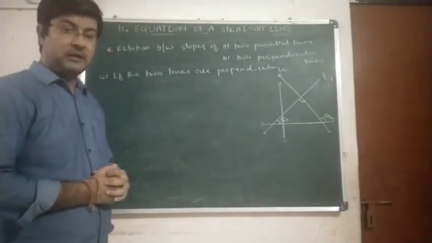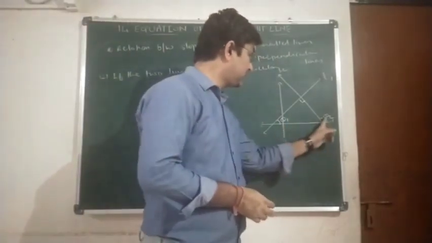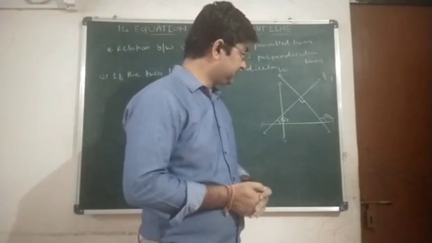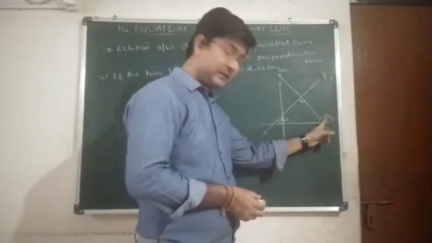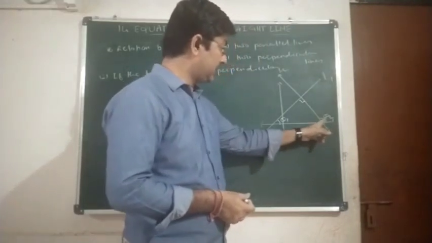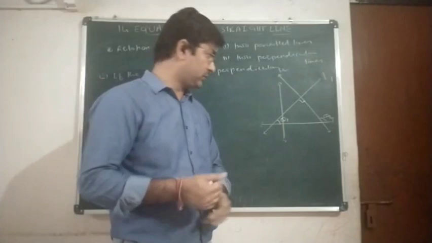Clear? So obviously let us find out the relation between the two angles. Now we know that this is an exterior angle, and the measure of an exterior angle is equal to the sum of the two interior opposite angles.